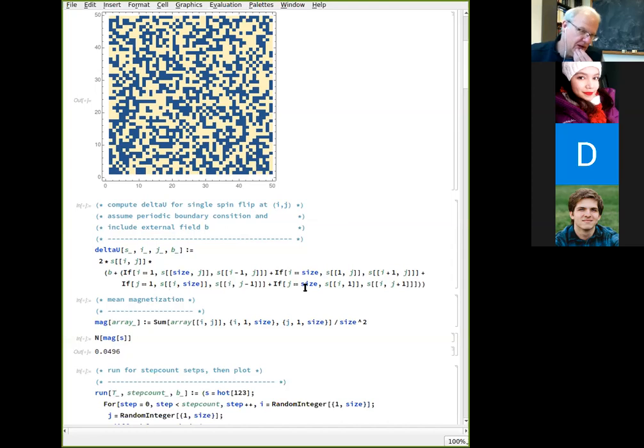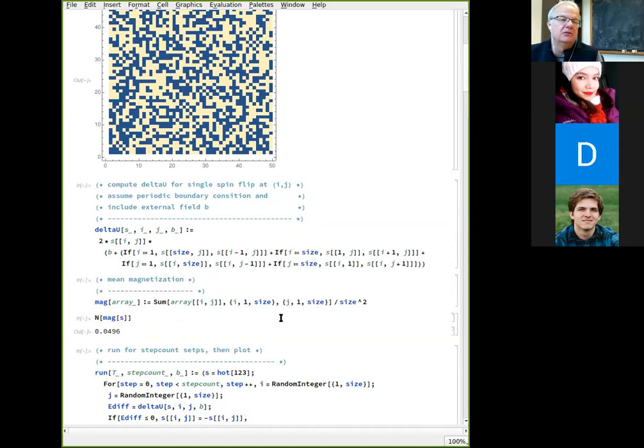So I have a little function that just evaluates the change in energy, and the only thing that it needs to take care of is what exactly happens to spins at the boundary. And then I have to compute the magnetization. So I imagine that I have an array of spins that are just plus or minus 1, and the total magnetization is just the sum over all of these spins, okay?